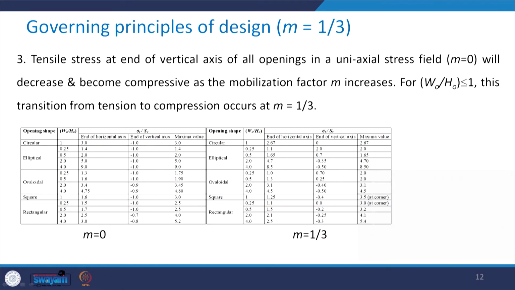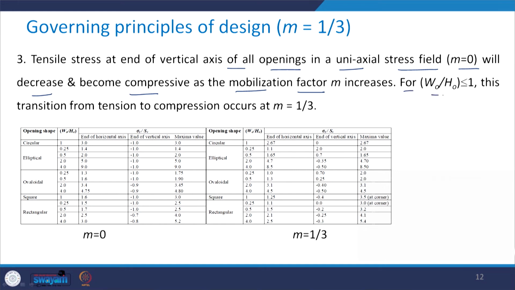Now, the tensile stresses at the end of the vertical axis of all the openings in the uniaxial stress field will reduce, and it becomes compressive when you increase this mobilization factor m from 0 to 1 by 3.